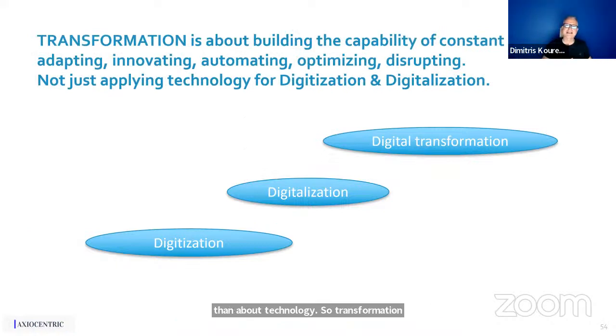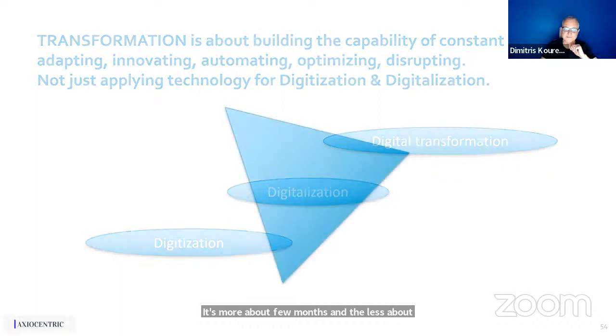So transformation is how you can build capability of your organization to constantly learn, adapt, innovate, automate, optimize, disrupt. It's more about humans and less about digitization or digitalization, which is by far more about technology.